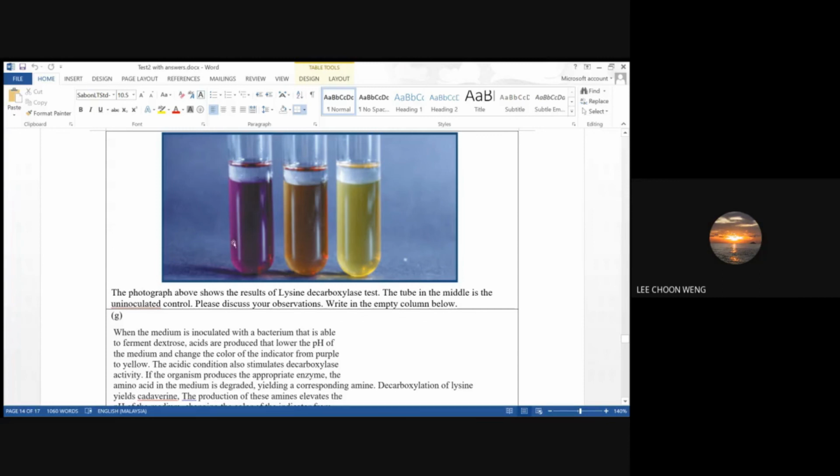Here, if it continues using the amino acid, it becomes purplish. So usually when we do the amino acid utilization test, we do it in sets of arginine, lysine, and ornithine. Okay? Arginine, lysine, and ornithine. These are the three main ones.